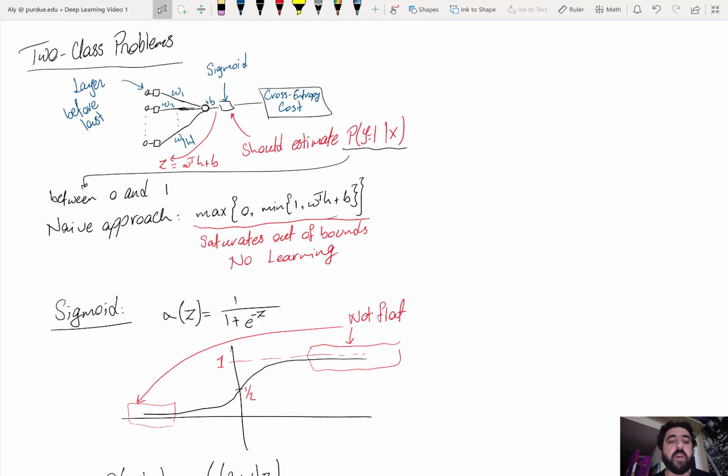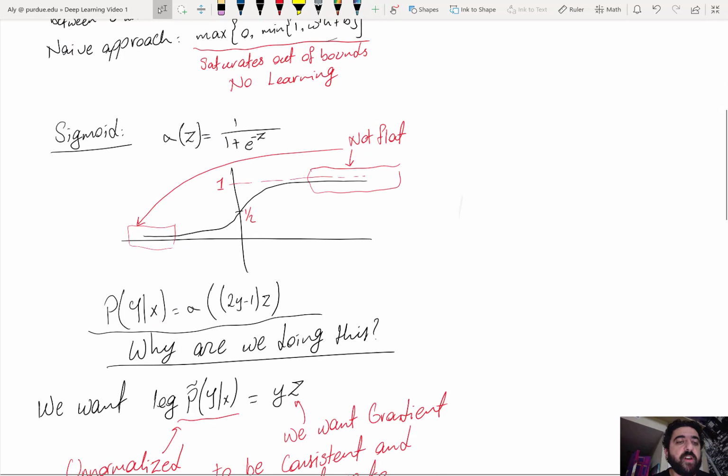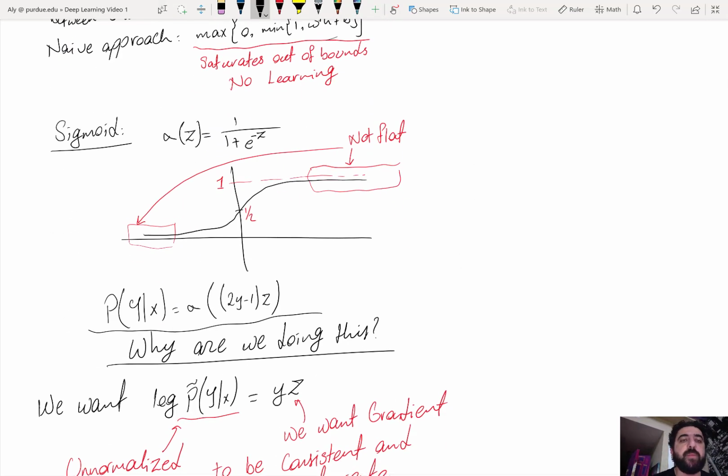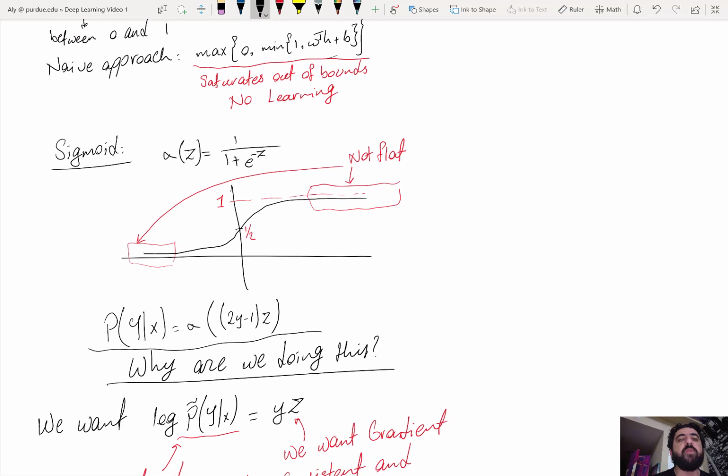So that's a problem. What happens with the sigmoid function is that it's a continuous approximation of this bounding function. Sigma of z equals 1 over 1 plus e to the minus z. If z is very negative, then e to the minus z goes to infinity, so you get 0.